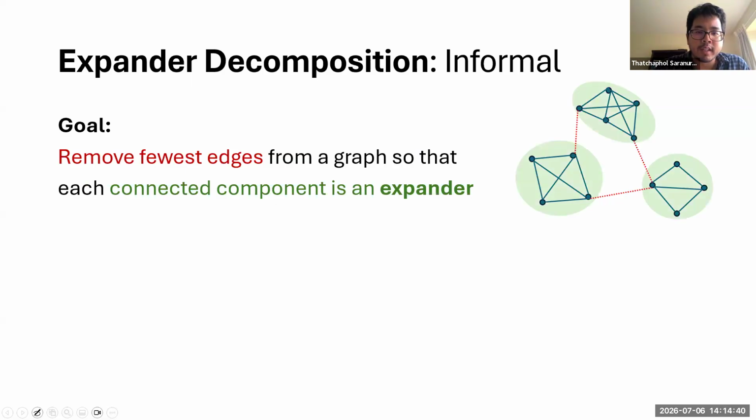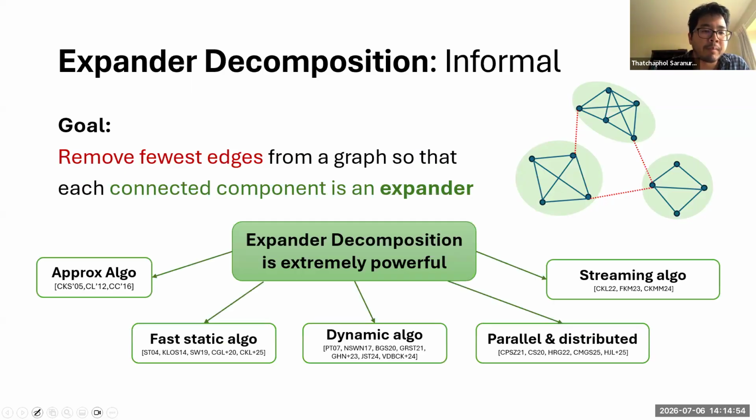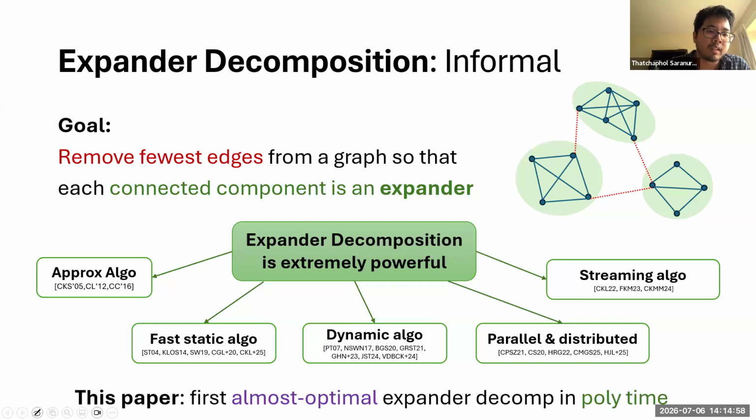You remove these red edges, and now the rest of the components look very well connected. It's an expander. Expander decomposition is extremely powerful and finds many applications across TCS. This paper gives you the first almost optimal expander decomposition in polynomial time.